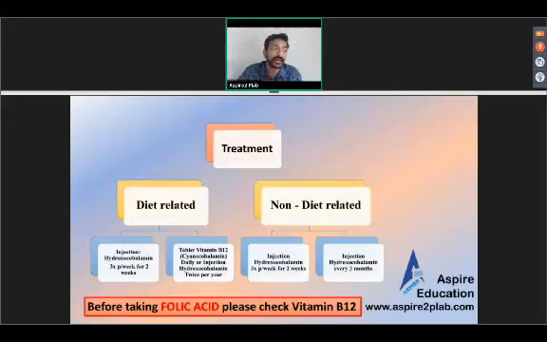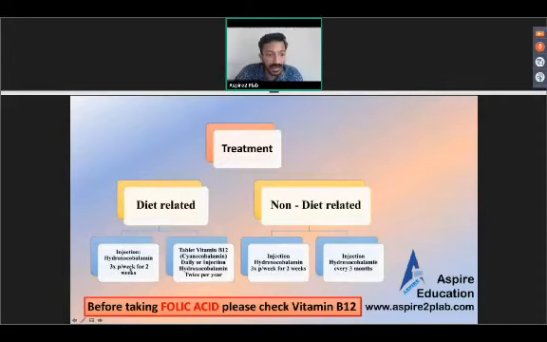But yes, there are a lot of products available in the market fortified with vitamin B12, and you can tell them to buy those. You can also tell them we'll refer you to our colleague, the dietitian, who can tell you what you can eat. Definitely you can mention those things.